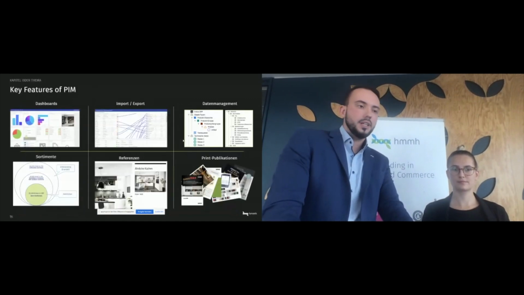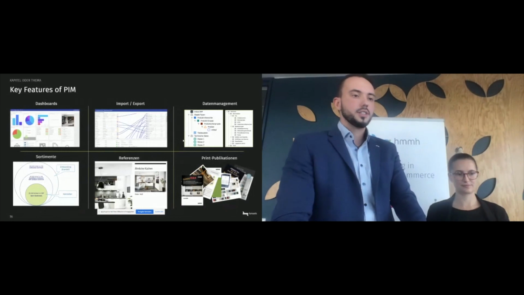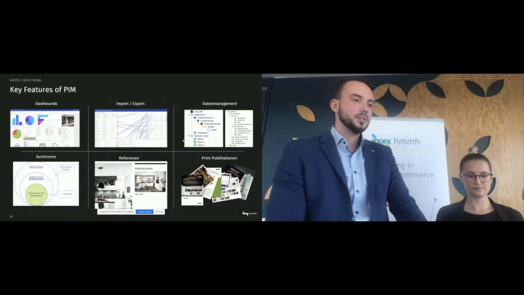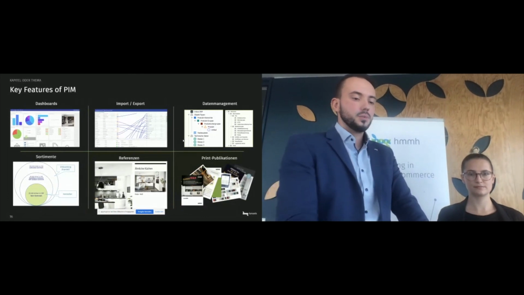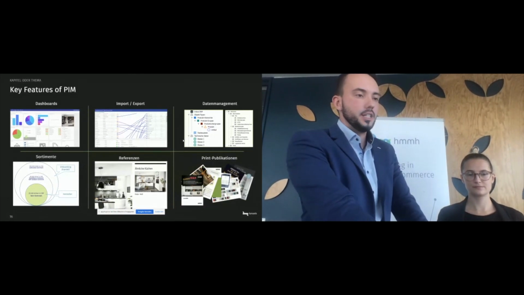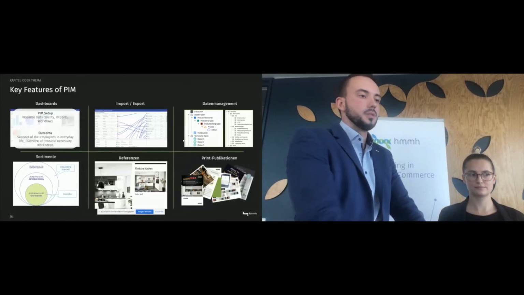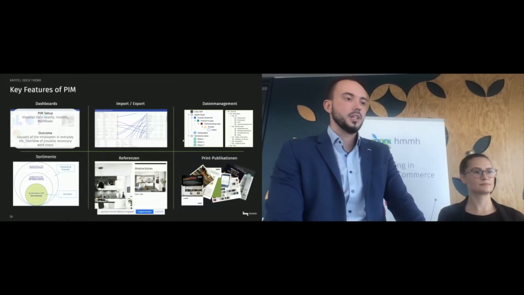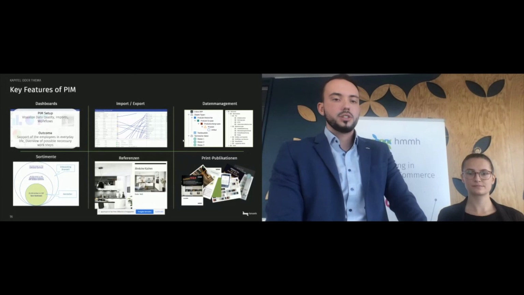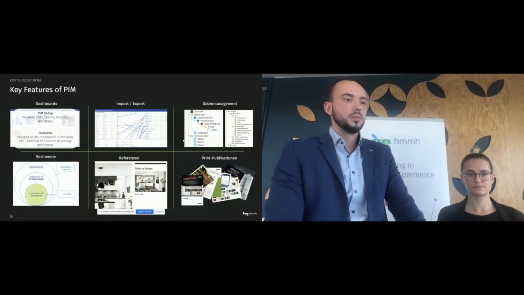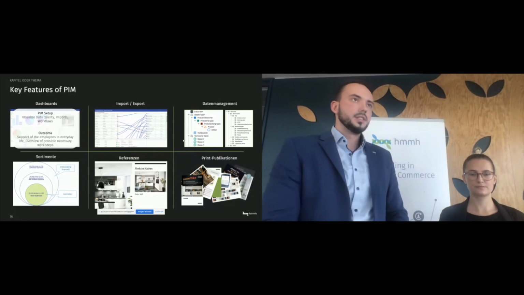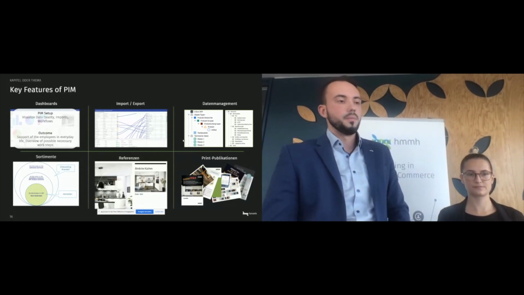So let me give a short overview of the key features of a PIM system. The first one is dashboards. A good PIM system comes with dashboards where the data quality is visualized, as well as imports which are finished or in progress, and which workflow step is about to be the next step.